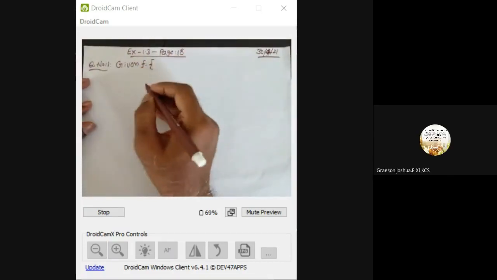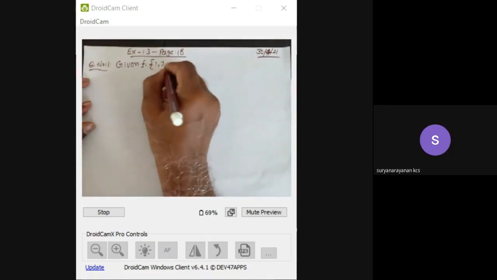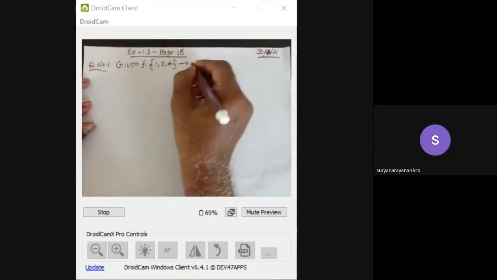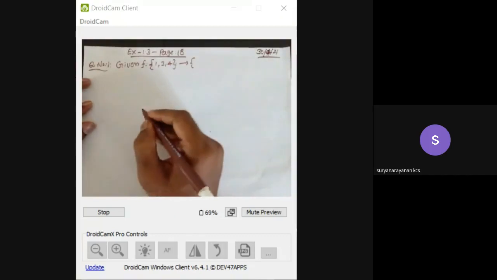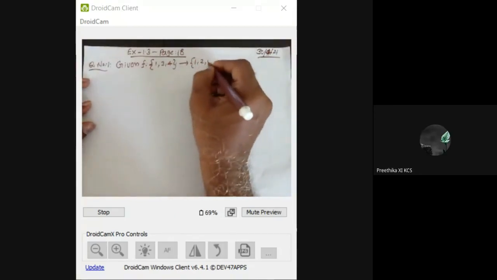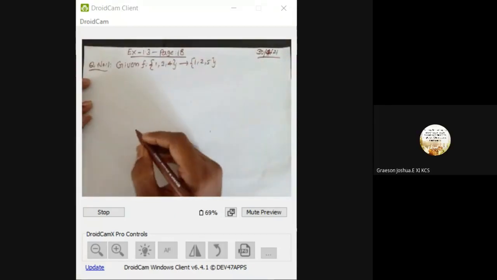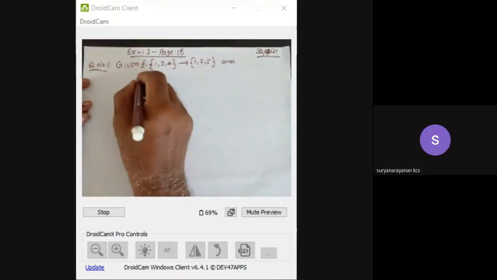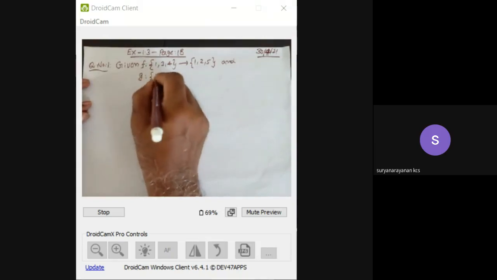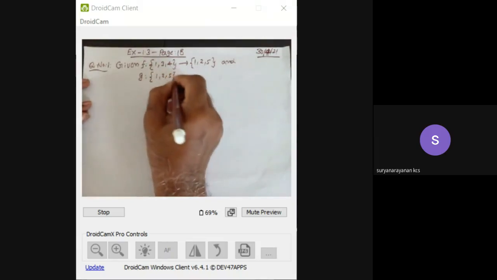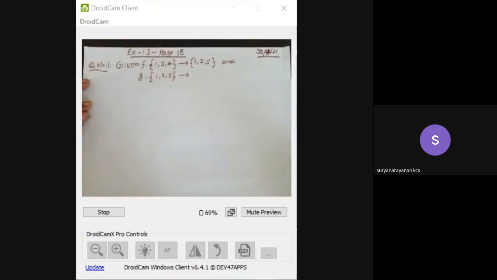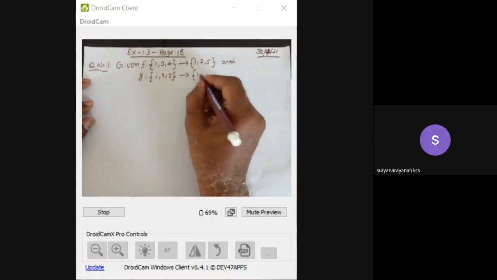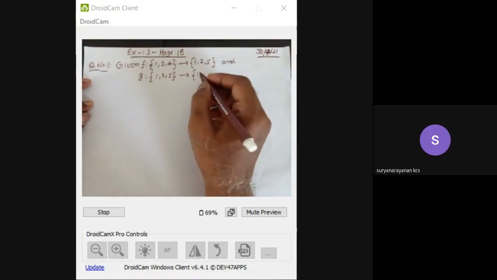Sir, 1, 3, 4. What is the codomain? 1, 2, 5. What is the second function here? G, sir. What is the domain of this function?